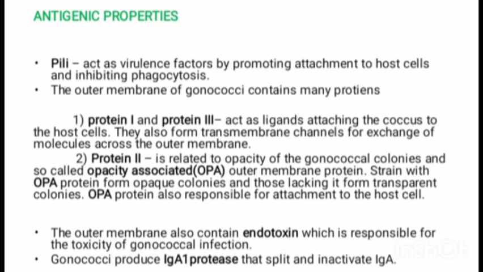The strains with the opacity associated protein form opaque colonies, and those lacking it form transparent colonies. This type 2 protein is also responsible for the attachment of cocci to the host cell.